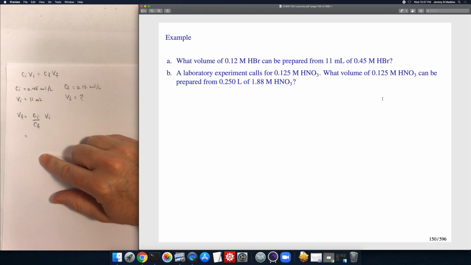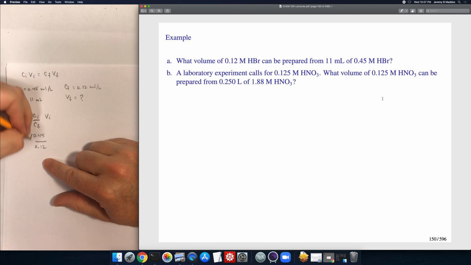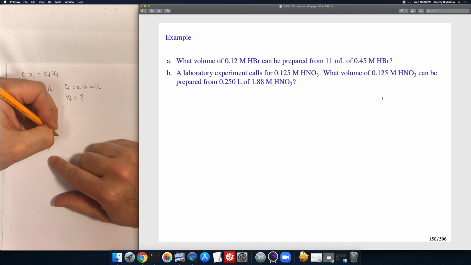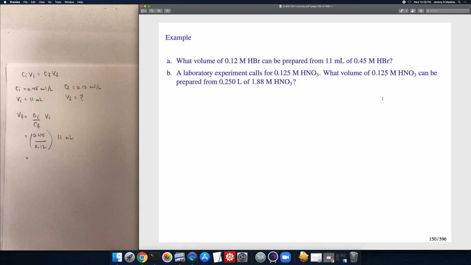And then we can plug in the numbers. And we'll multiply that by the initial volume of 11 milliliters. And that's going to give us our number. So I'm getting 41 milliliters out of that.